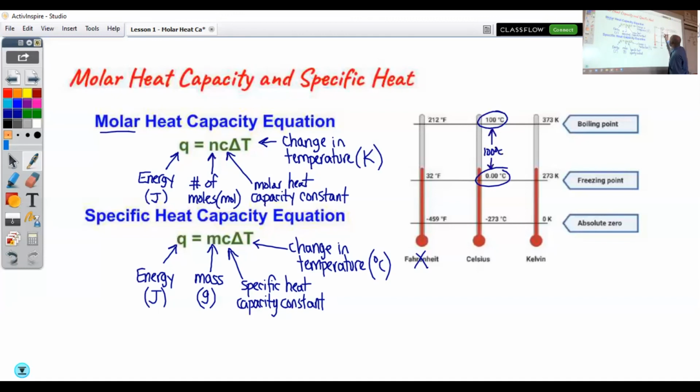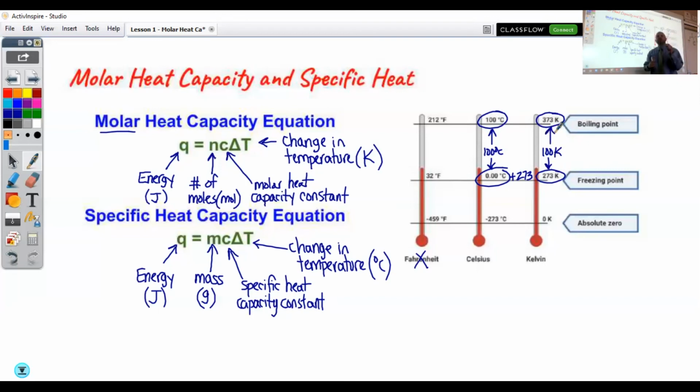is 100 degrees Celsius. Now, if we were to think about those two temperatures in Kelvin by adding 273, we would get 273 Kelvin and 373 Kelvin, or a difference of 100 Kelvin.